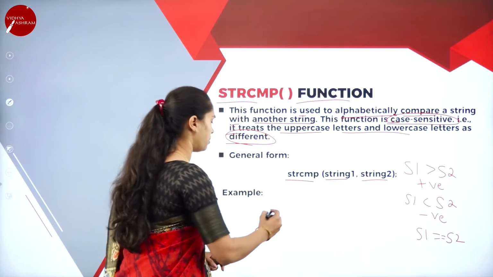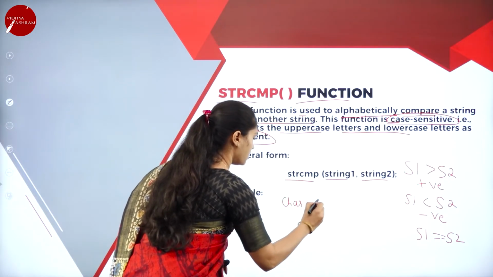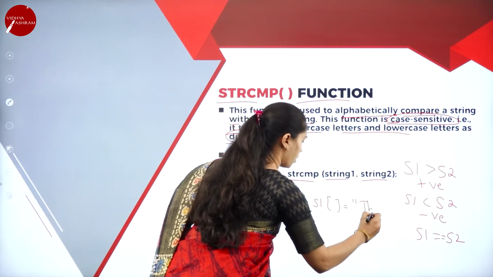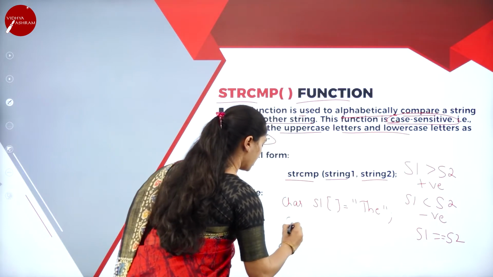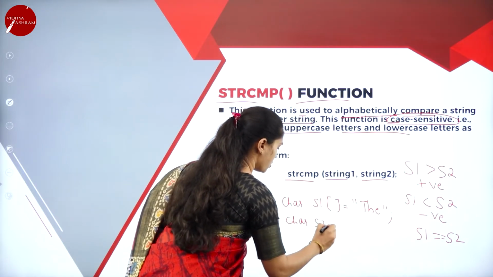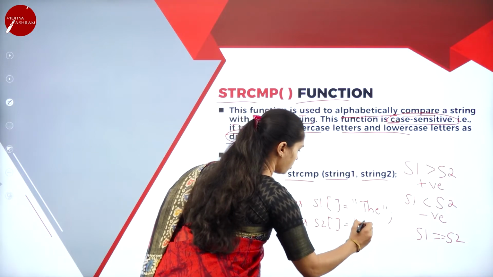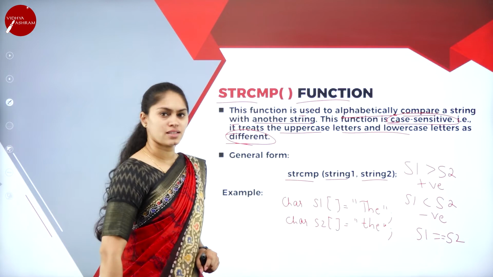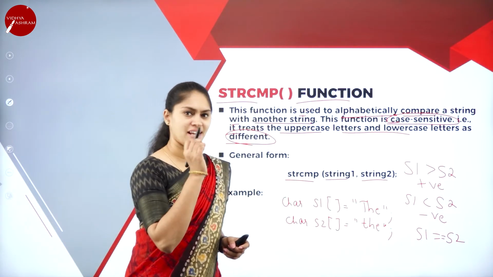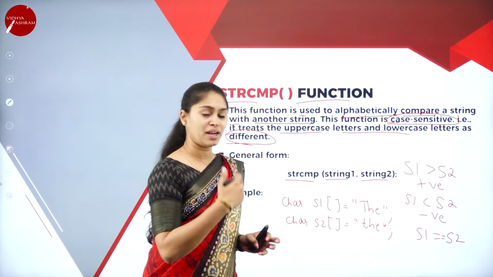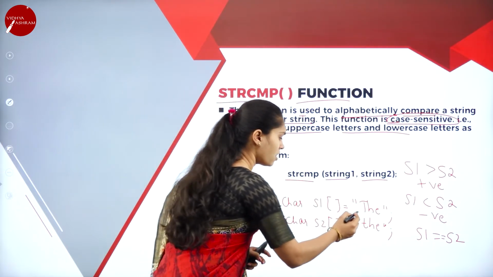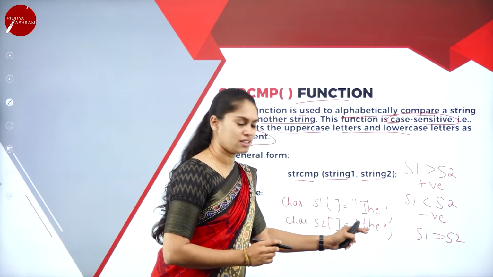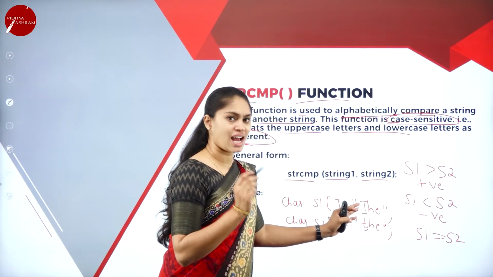So let me take one example here. char s1 is equal to the, and char s2 is equal to the. In the string comparison, each character is compared with the corresponding character. First I make a comparison between t and t. Which is greater, you have to understand based on the ASCII characters.